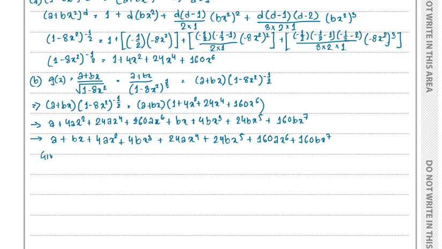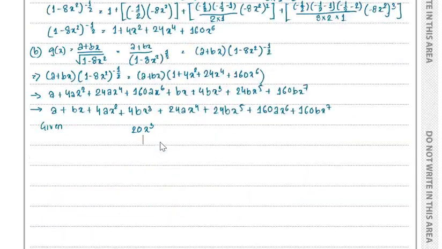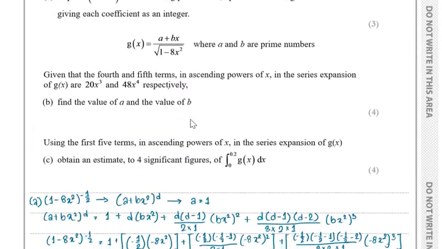So the given is, for the fourth term, 20x cubed. And for the fifth term, they have given us 48x to the power 4.